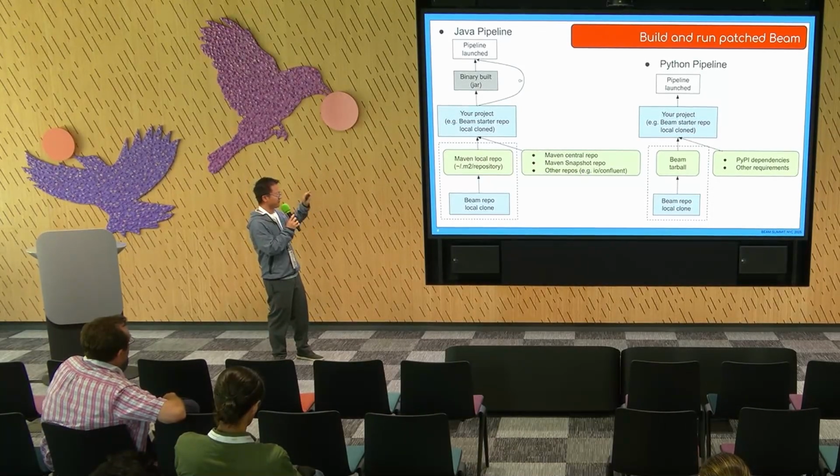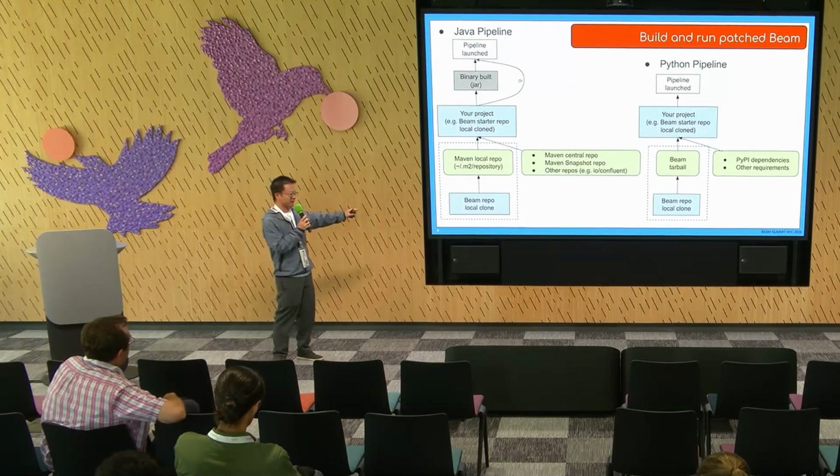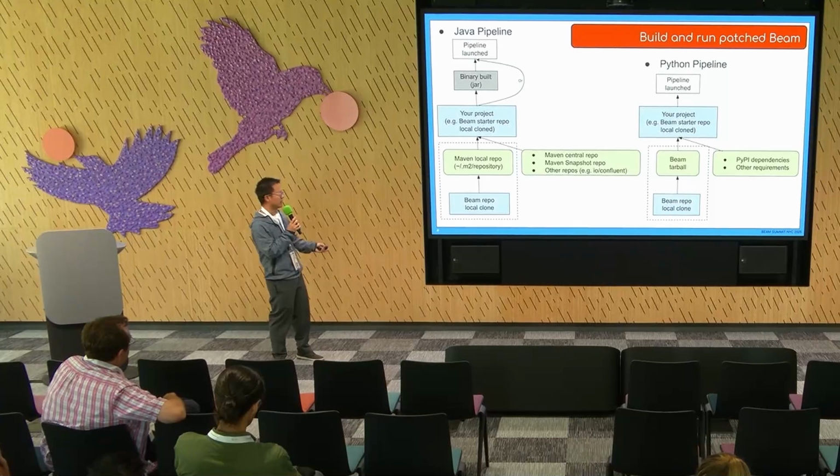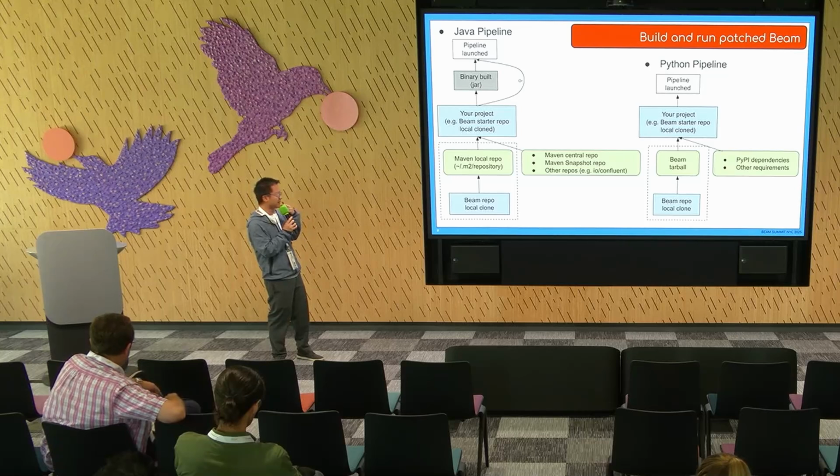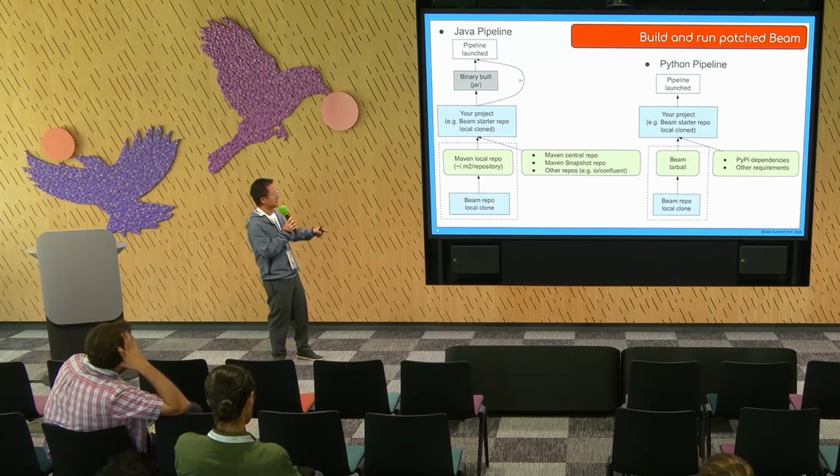And if you want to patch Beam code, then you have an additional step: build your jar and stage it into a local Maven repository. Your project will depend on both the Maven Central repository for other dependencies and the Maven local repository for the Beam artifact that you just changed. And the remaining things are the same.